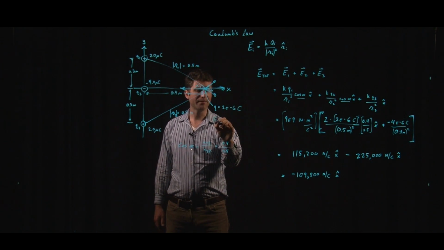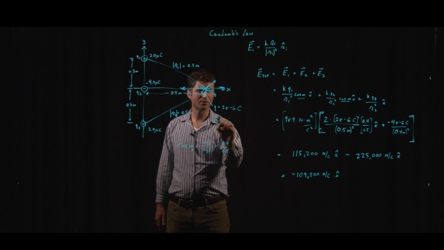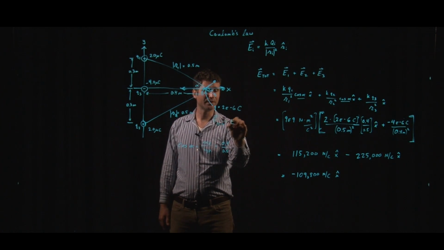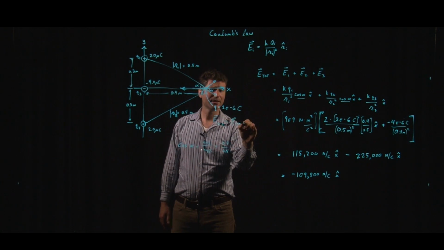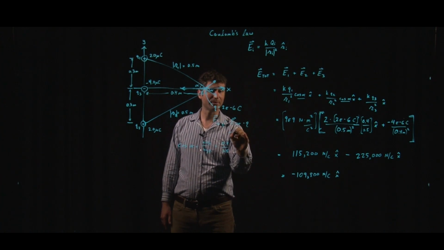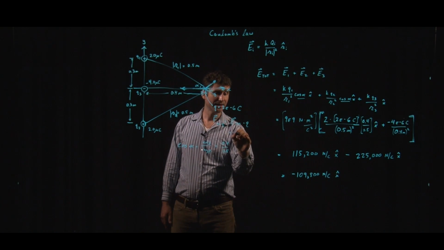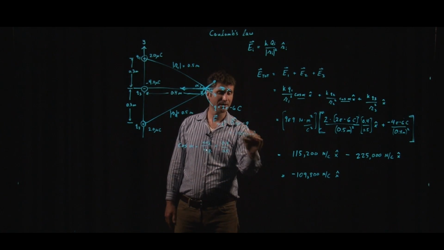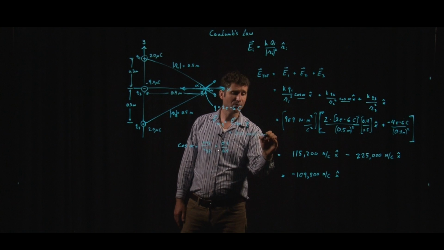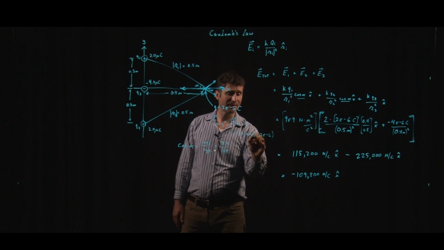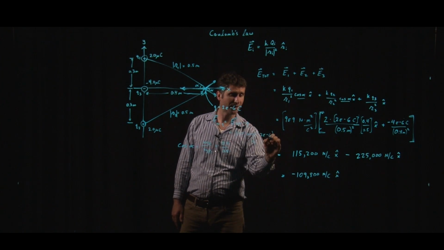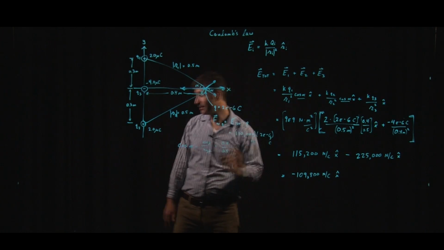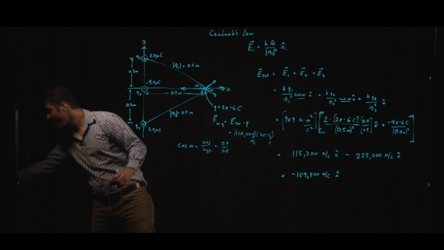Then the force on that charge, force on Q, would be equal to the total electric field at that point times Q. So I would end up with, let's approximate it as 110,000 times 2 microcoulomb. So keep in mind the units here are newtons per Coulomb, and the units here are coulombs. So we're going to end up with a result in newtons.